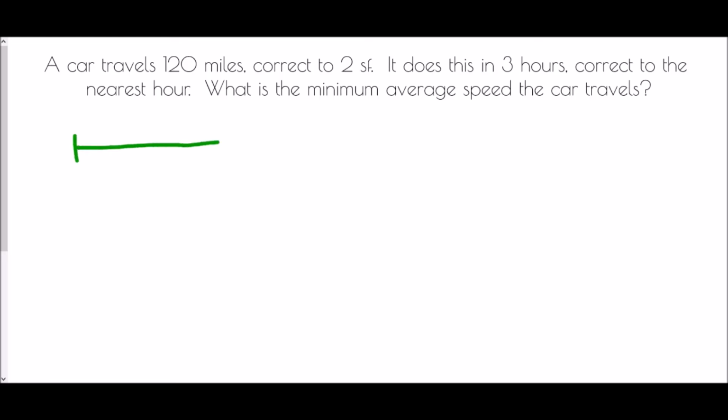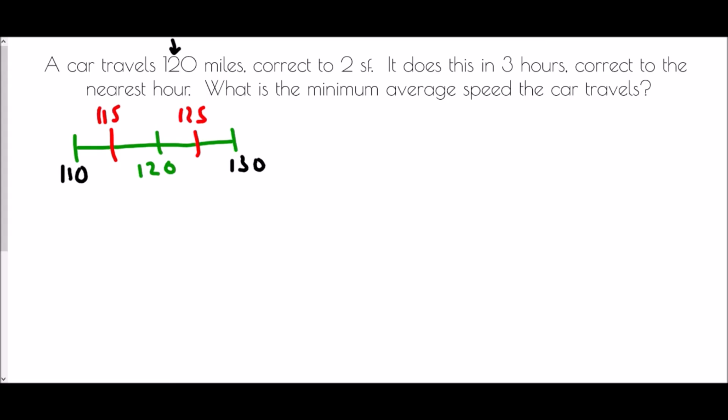So the distance travelled was 120 miles, but that was to two significant figures, which means it was rounded here at the tens, and therefore we're going to go to 110 one side, 130 the other side. And then for our upper and lower bounds, the lower bound will be halfway between 110 and 120, which is 115. The upper bound will be at 125.